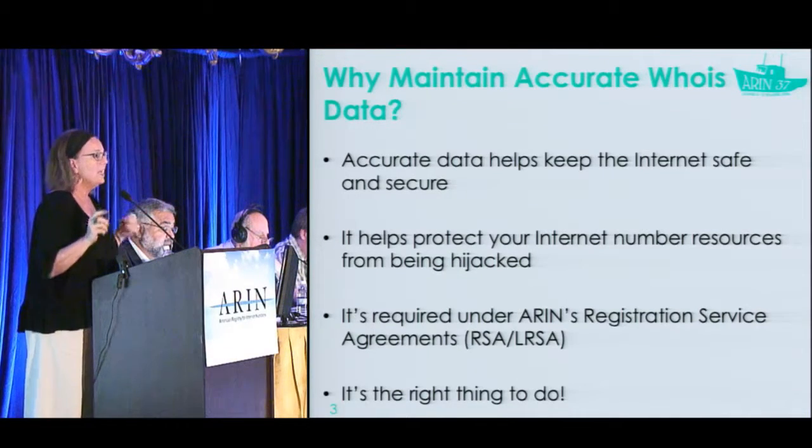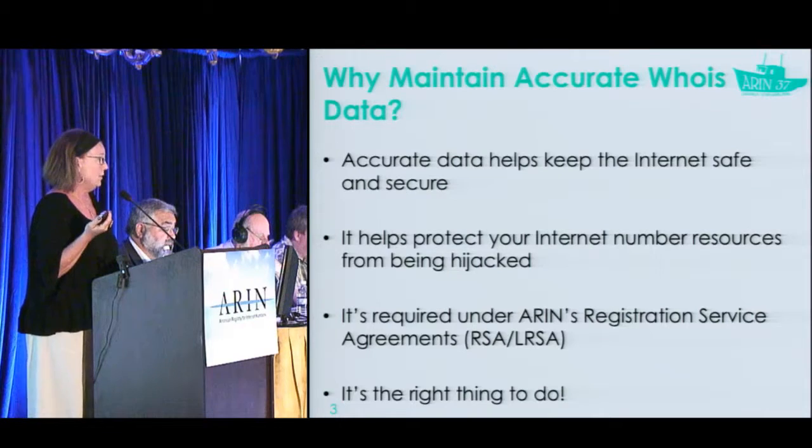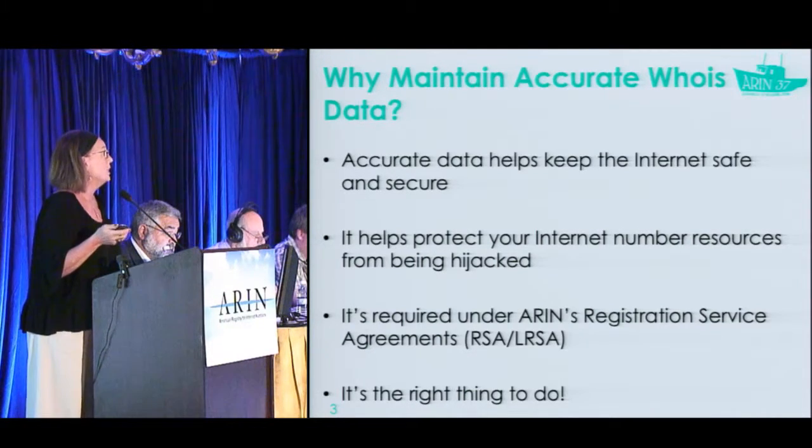They want to see records that have been sitting dormant for years. They love it. It is also required under your ARIN Registration Services Agreement, the RSA and LRSA. There is a requirement in the terms and conditions that you must maintain accurate data and notify ARIN when things change. And quite honestly, it's the right thing to do. We're all global netizens, and it's our responsibility as users of the internet to keep our information accurate.